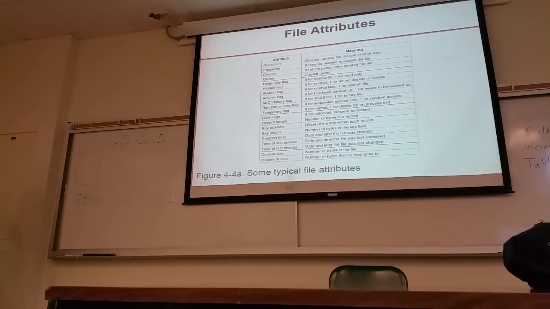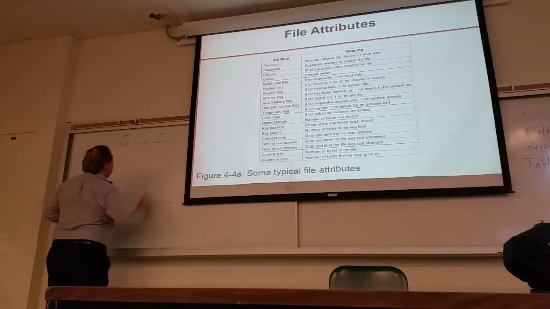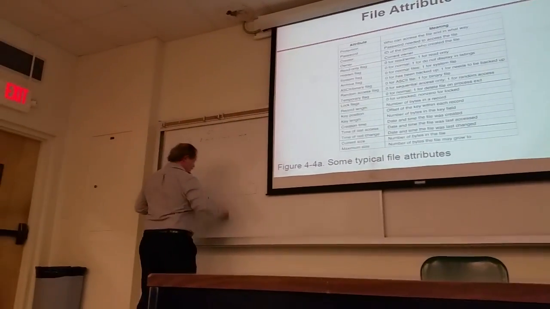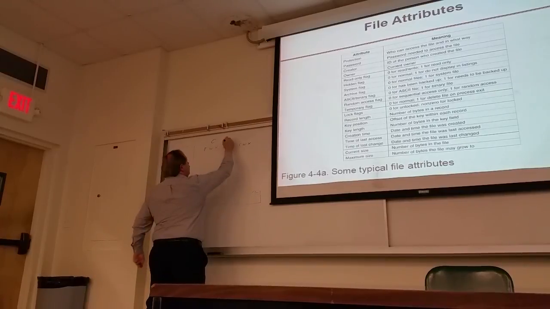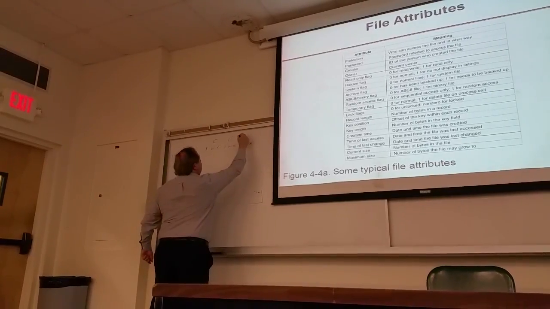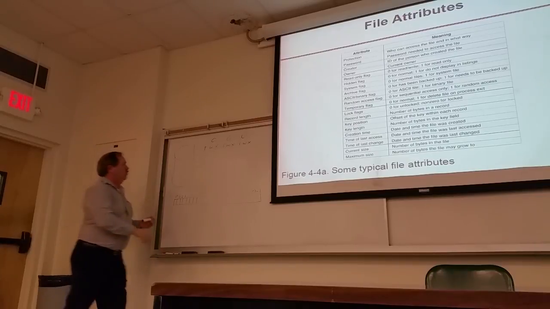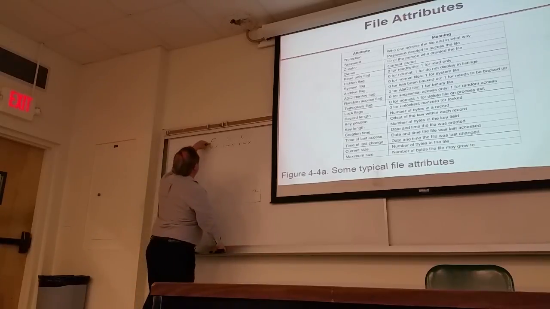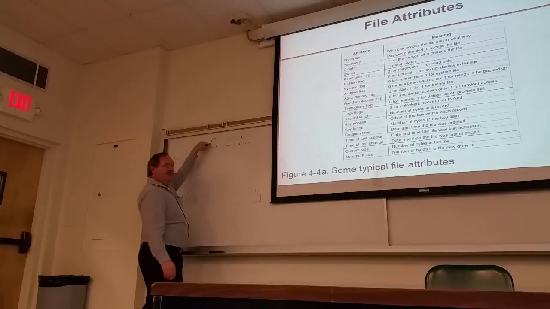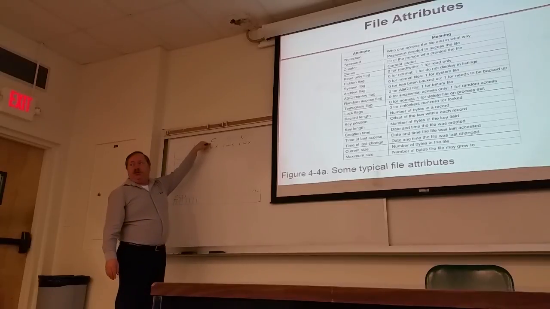Owner, group, user, it's OGU? It starts off with the owner, the next level up is the group, and the next level up is everybody else, which is other. It used to be called W for world.